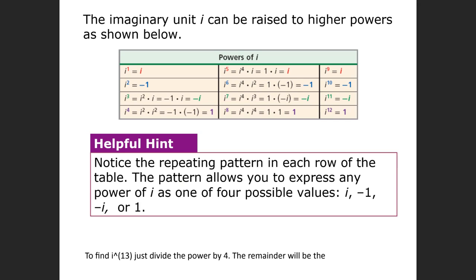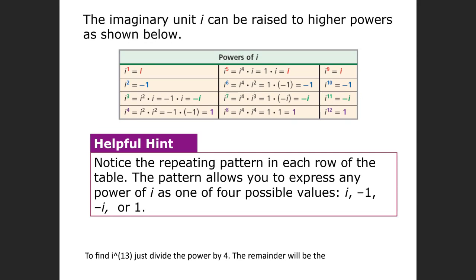I love these problems. The imaginary unit i can be raised to higher powers as shown below. i to the first is i, i to the second is negative 1, i to the third is negative i, i to the fourth is positive 1. i to the fifth is i, i to the sixth is negative 1. Can you see a pattern here?